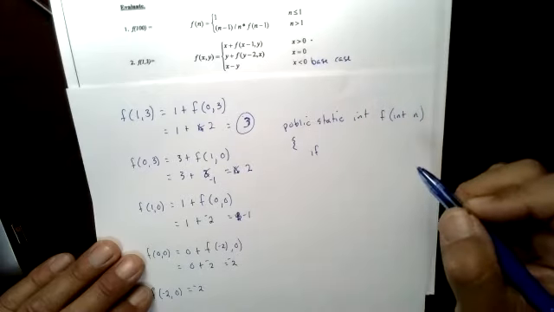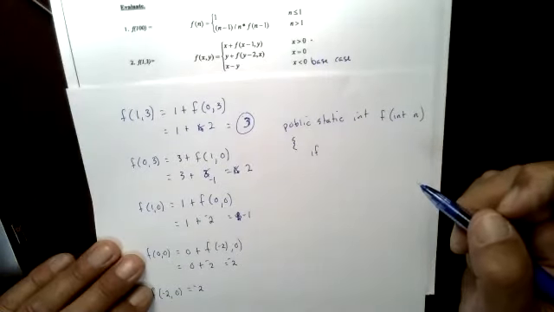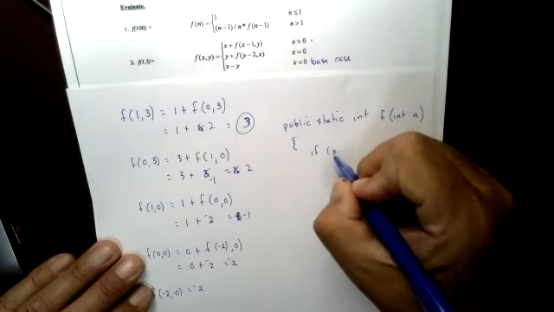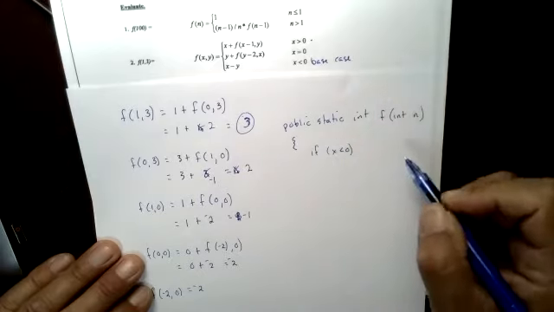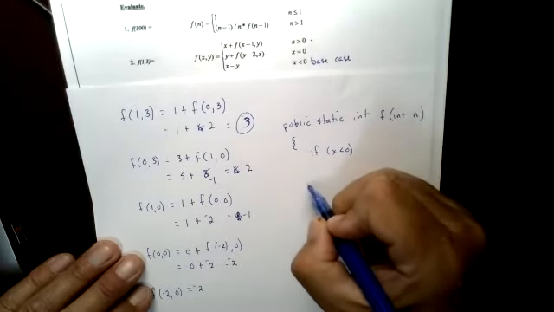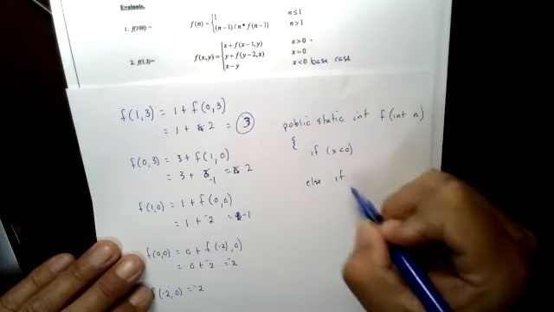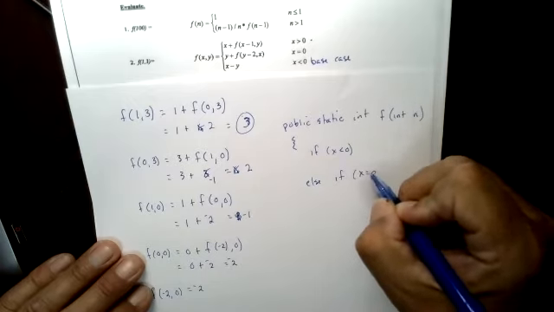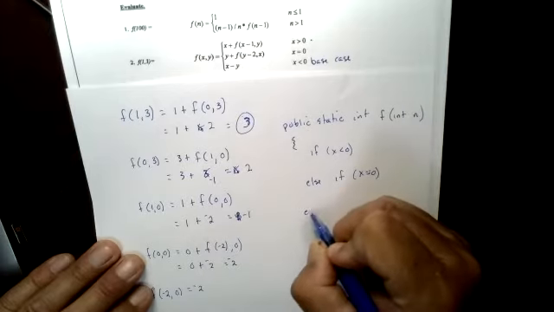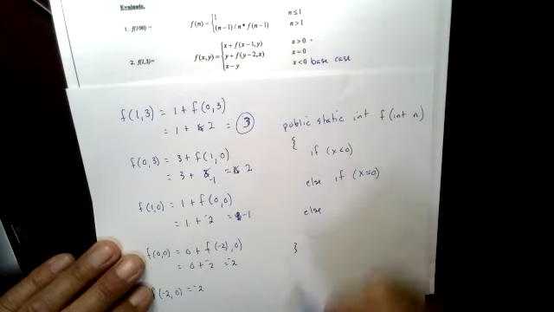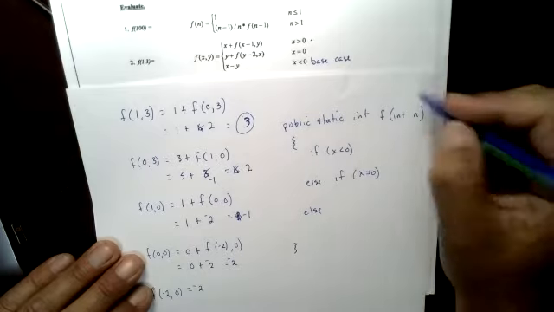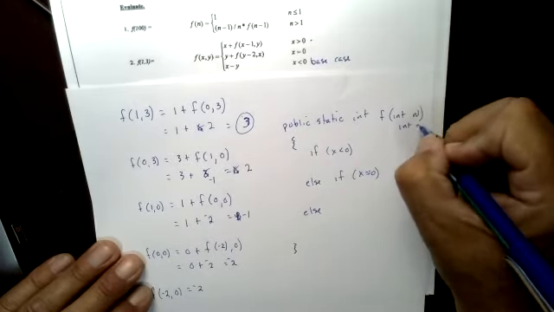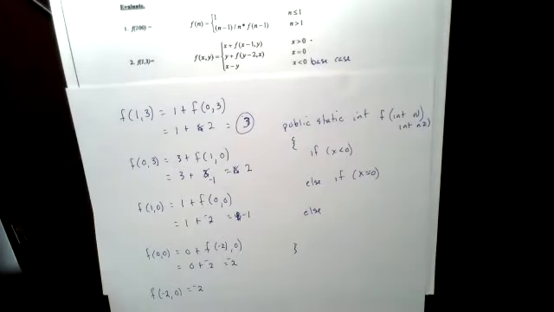If x is less than 0, else if x equals 0, else. I need int n1 and int n2, don't I? Sorry about that.